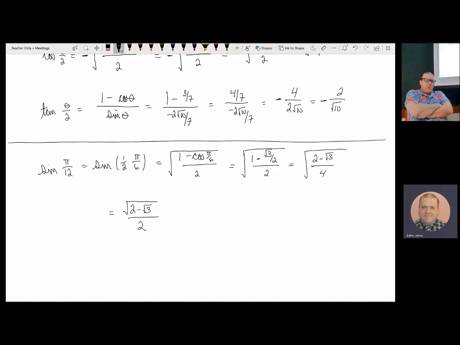Sine of pi over 12, square root of 2 minus root 3 all over 2. Which looks nothing like what we said it was when we used the difference identity. I believe we got root 6 minus root 2 over 4.